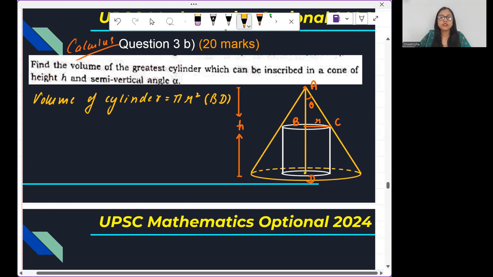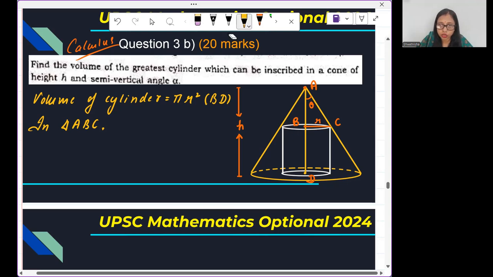Now, I need the value of BD, which I can find by first finding the value of AB in triangle ABC, because I know the total height h. If I subtract AB from h, I'll get BD. What is AB? You can find tan.